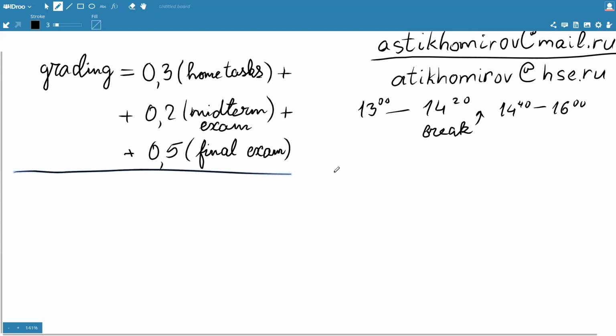So is it clear? Yes, the grading is clear. And okay. What about will the course be? It will be about manifolds. Yes, mostly about manifolds, of course, because this is some more or less standard thing.